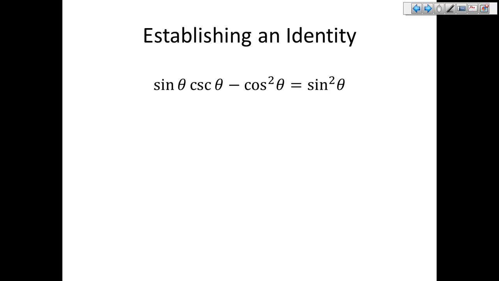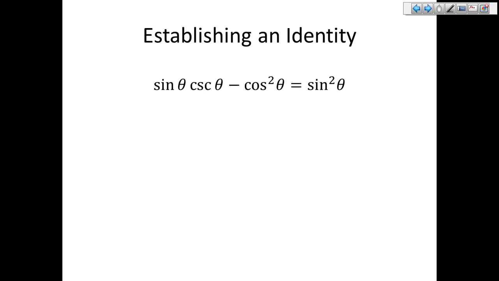Okay, let's try a little bit harder one. Now, I notice some squares in here, so right away I am thinking Pythagorean identity. This Pythagorean identity can go both ways. Remember that. I don't necessarily have to have sine squared theta plus cosine squared theta and replace that with 1.